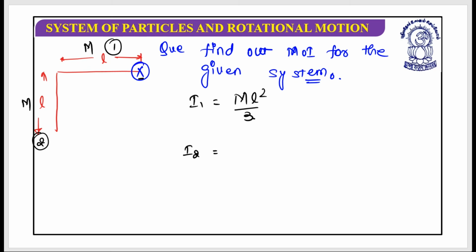If you observe this very carefully, this axis is perpendicular to the plane. Even at this center, this is where the center of mass would be. So this distance would be L by 2, and this distance would be L by 2. What I need to do is find this distance.